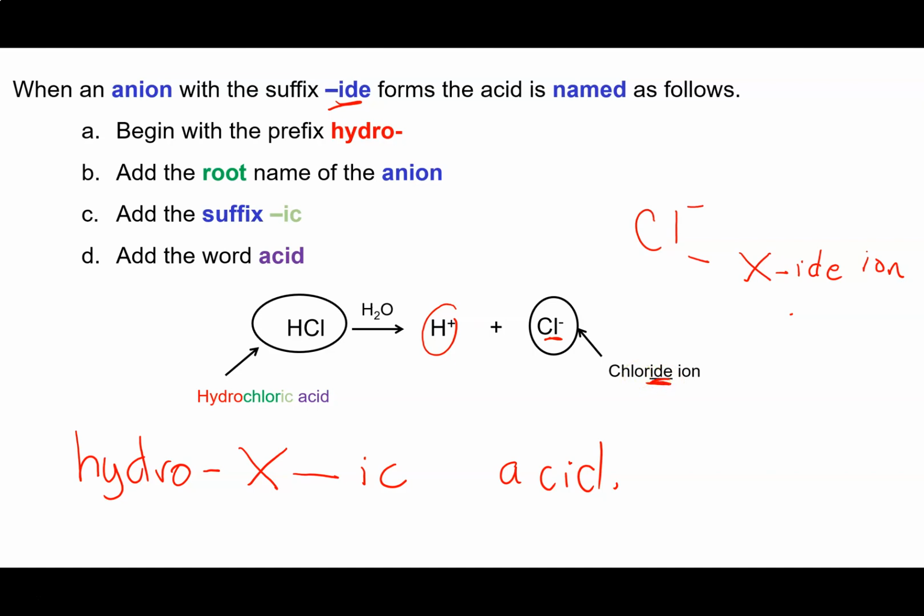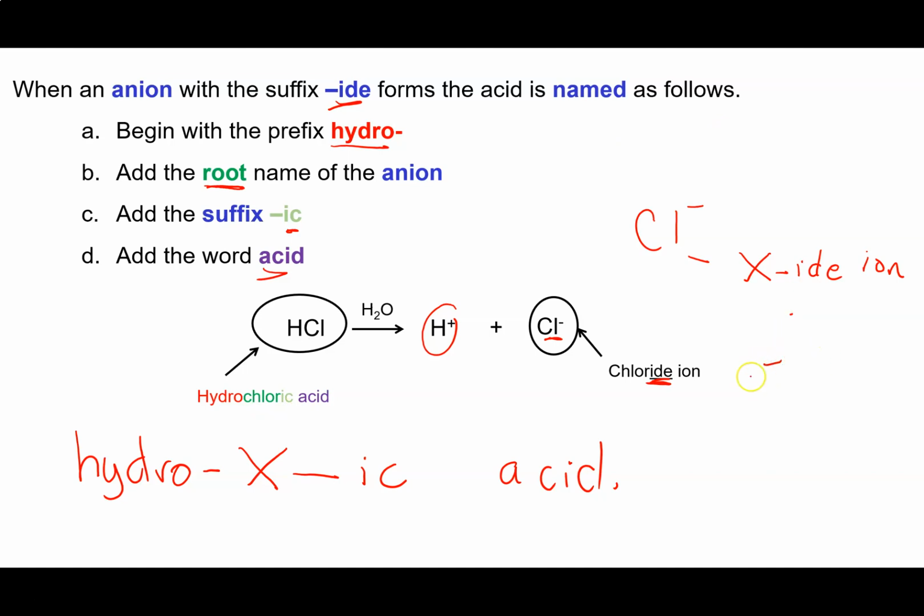How do we name ides? Begin with hydro, give the root name of the anion, which in this case is chlor, because it's a chloride anion, end it with ic, and then add the word acid. And so you can see I've color coded that all the way through so you can follow it. So that's how we name the ides.